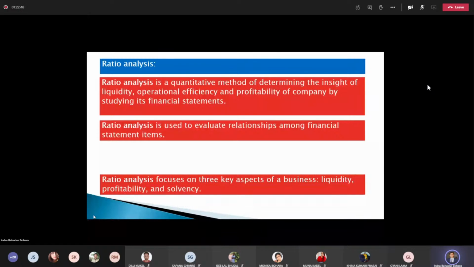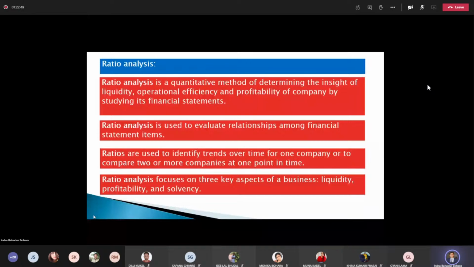Ratio analysis mainly focuses on three components: liquidity, profitability, and solvency position of the company. Whether the company has better or worse liquidity, profitability and solvency position will be measured, analyzed, and interpreted based on the figures presented in the financial statement.